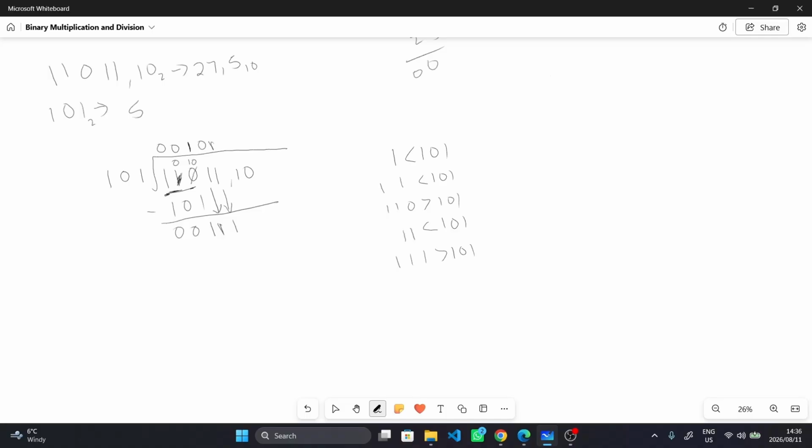Then we can put 1 there and then put 101 minus. And if we do that, that will be 010, right?